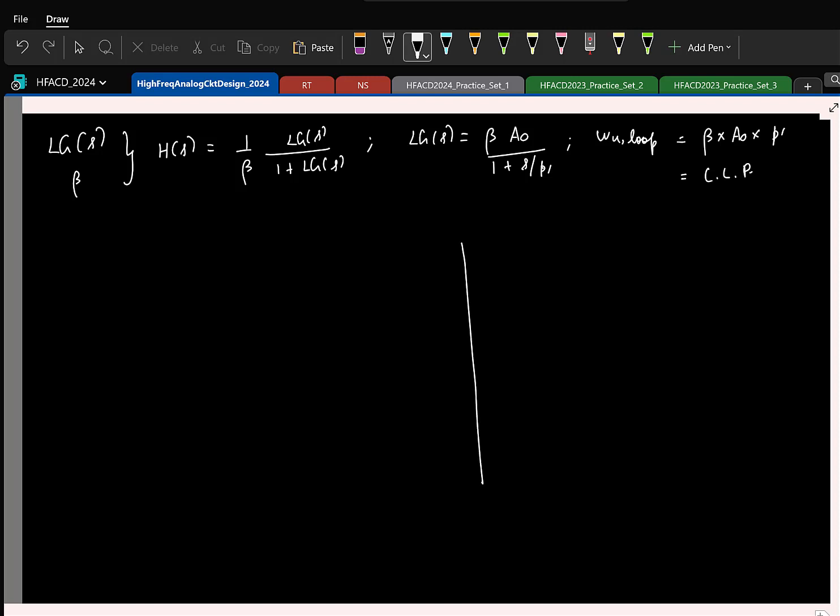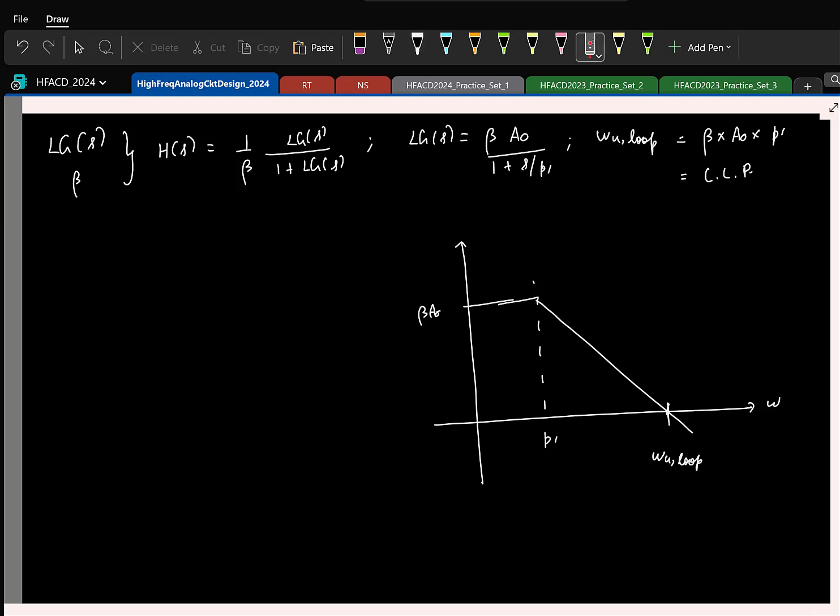If I sketch the loop gain and the closed loop transfer function, the loop gain is going to look like this. It will start from beta a naught. When it encounters P1, it drops at minus 20 dB per decade. And this is the unity loop gain frequency. On top of the same, let us sketch the closed loop transfer function.